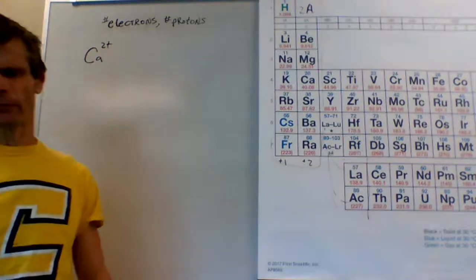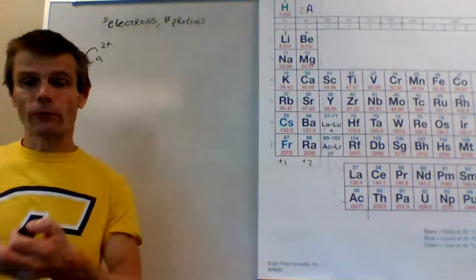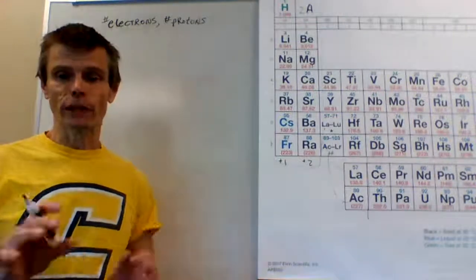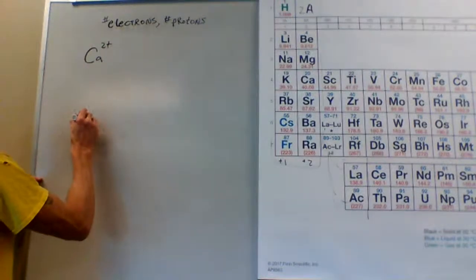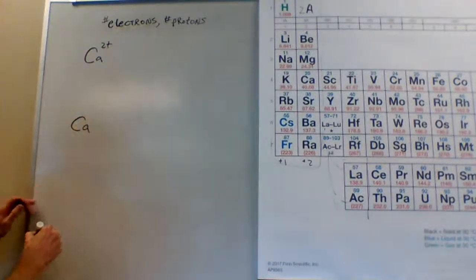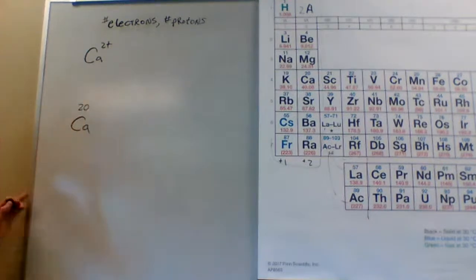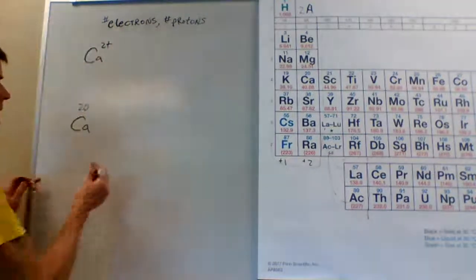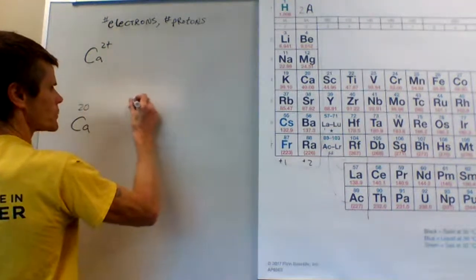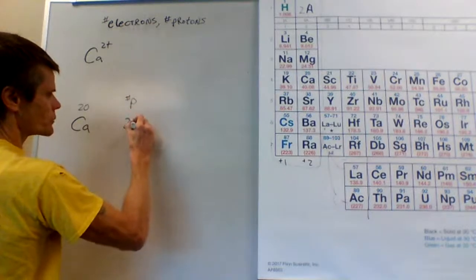Calcium 2 positive. Now, calcium 2 positive is formed from the calcium atom. So let's look at the calcium atom. The calcium atom has an atomic number of 20. Let's write down the number of protons as P: it has 20 protons.